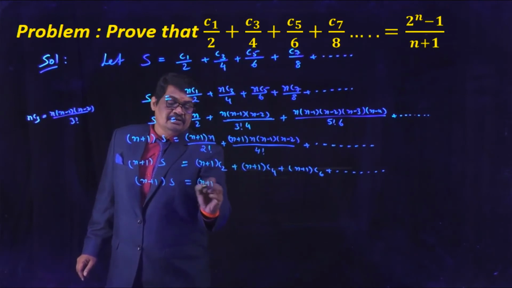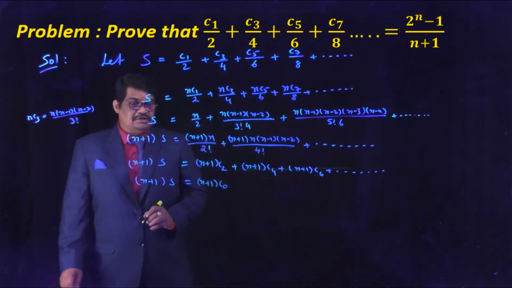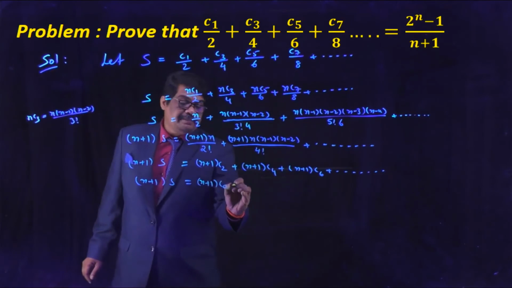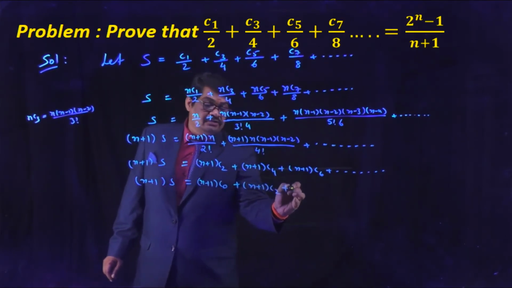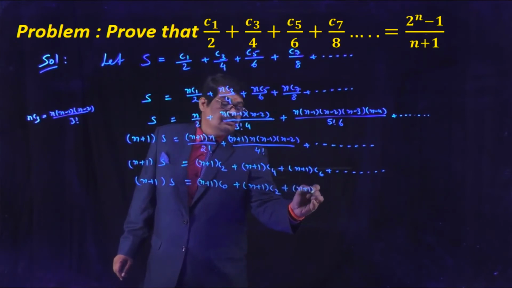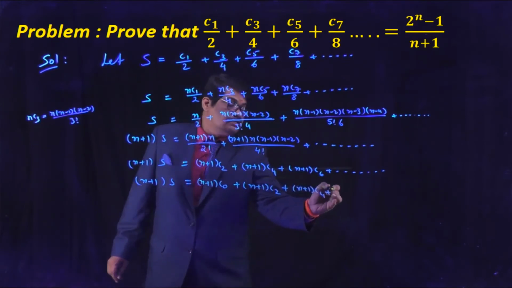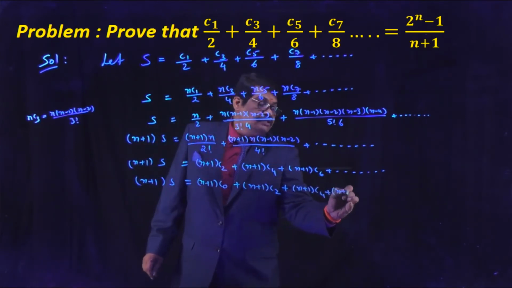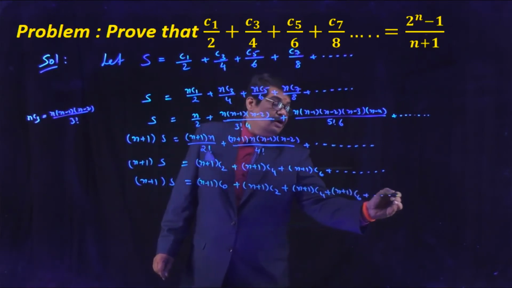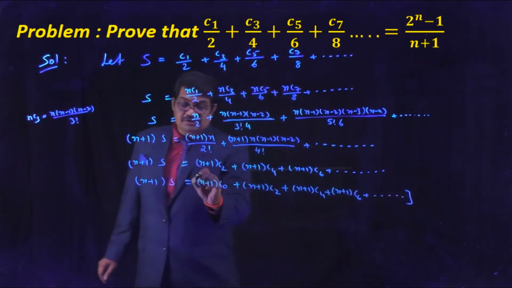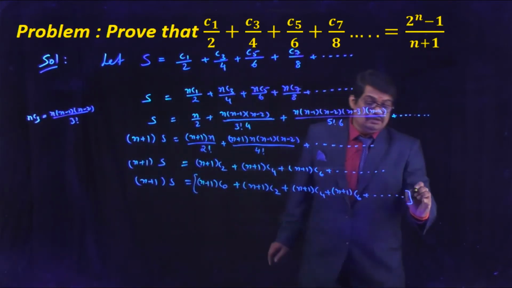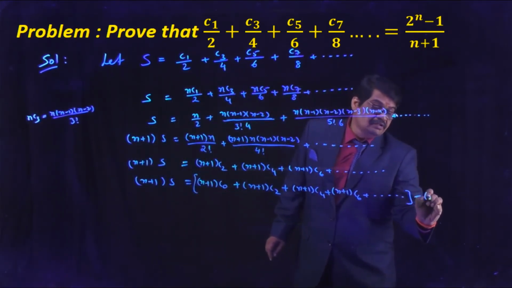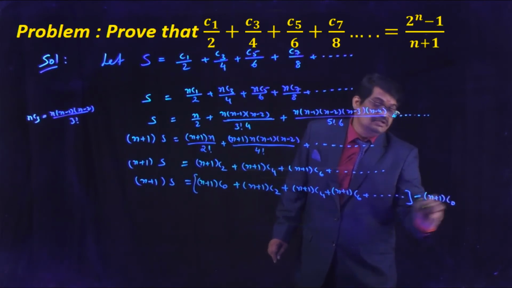We add n plus 1 C0 plus the remaining terms as usual, n plus 1 C2, n plus 1 C4, n plus 1 C6 and so on. The first term we write is n plus 1 C0, adding this one, and in the last we have to subtract the term n plus 1 C0.